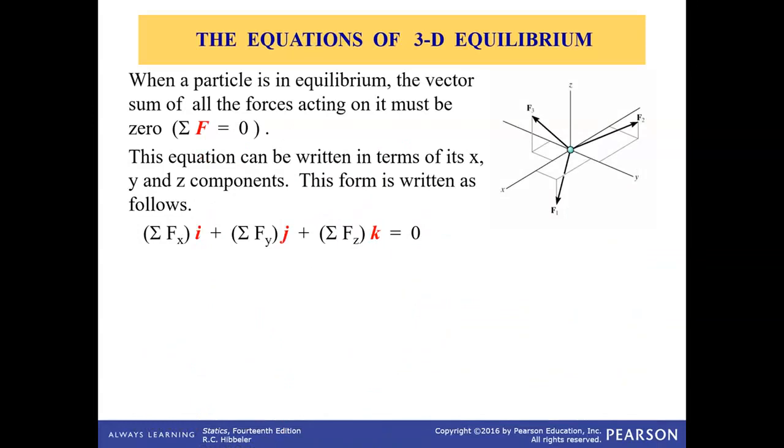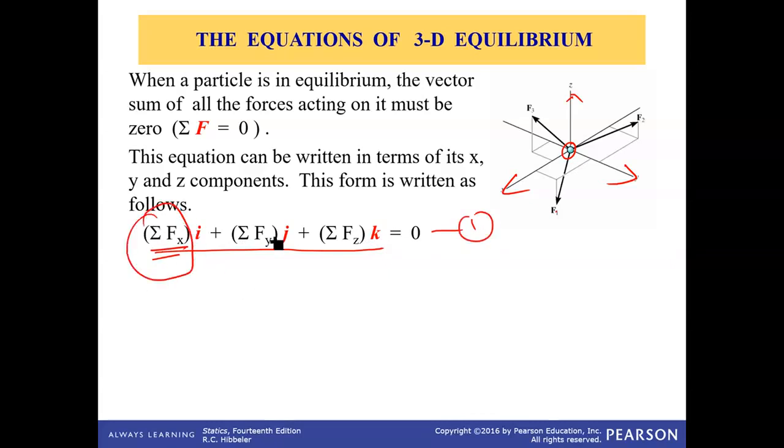So if a particle is in 3 dimensions, we have x, y, and z axes. And if there are 3-dimensional forces such as F1, F2, and F3, then if the system is in equilibrium, if this point is in equilibrium, then we can say that the sum of all the vector forces is 0. And from this one vector equation, we can actually separate this into 3 scalar equations.